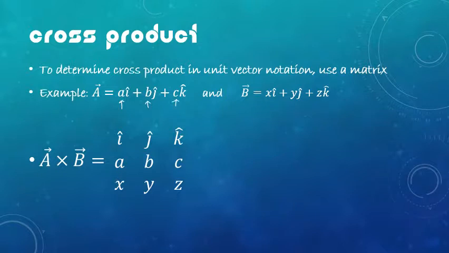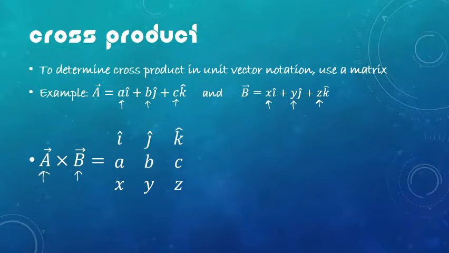So A, B, and C in this case. And then our last row are those coefficients, those things in front of the i hat, j hat, and k hat on your second vector. It's really important, the order that we have of these, so that your second row is always the first vector of your cross product, and your final row is that second vector in the cross product.